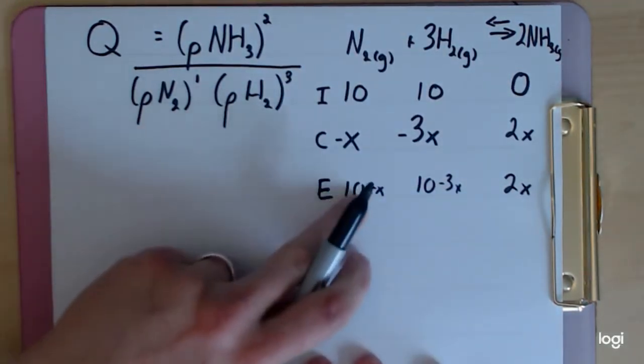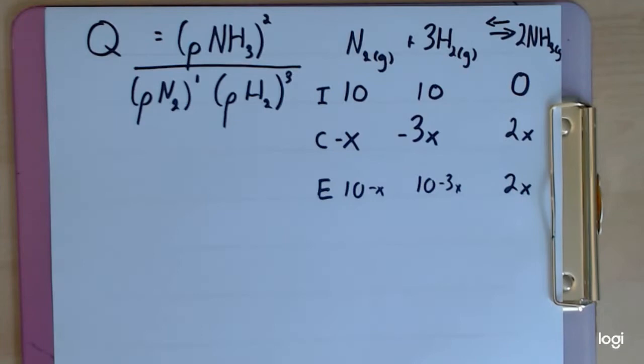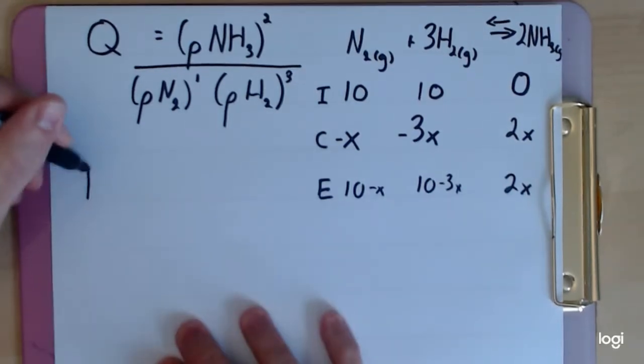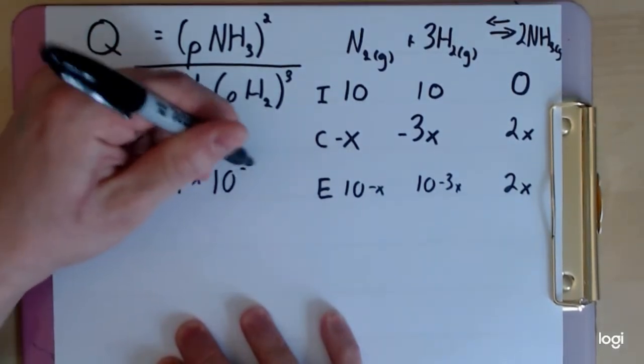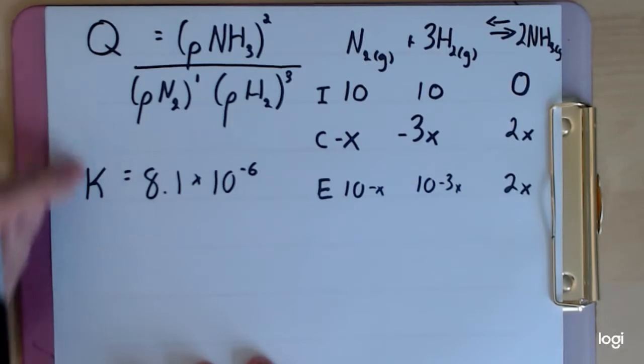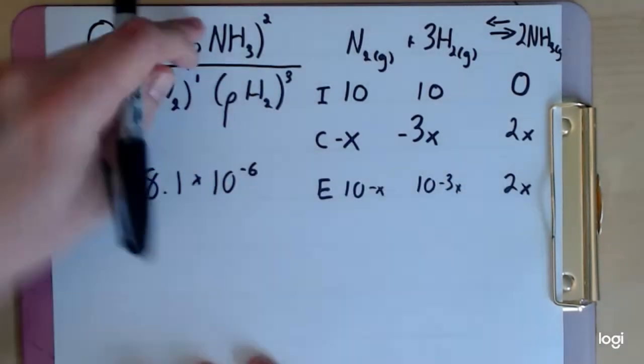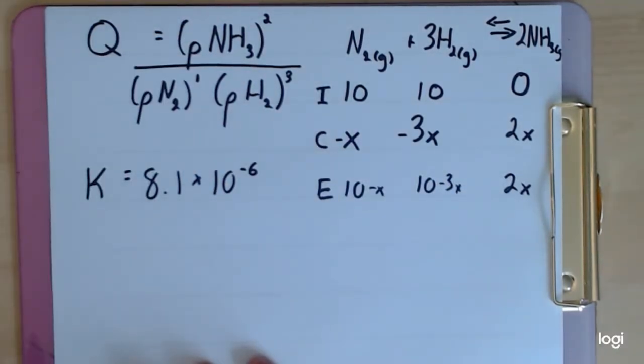Okay, so now that we have this ICE table filled out, we can plug this into our reaction quotient and set it equal to K. K again is 8.1 times 10 to the negative 6. So just set the reaction quotient equal to K, plug in these expressions for x, and then solve for x.